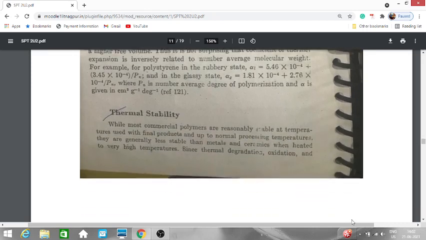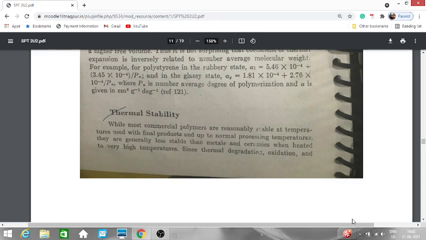Thermal stability. While most commercial polymers are reasonably stable at temperatures used with final products and up to normal processing temperature, they are generally less stable than metals and ceramics when heated to very high temperatures.